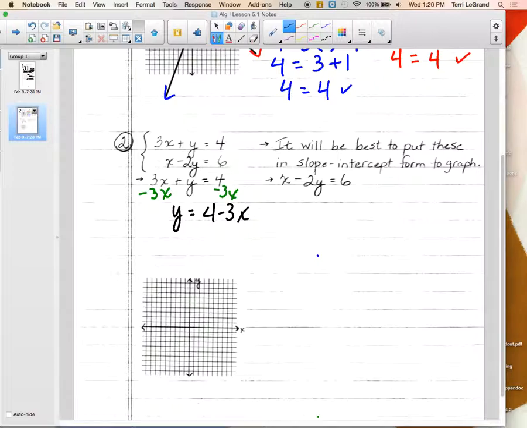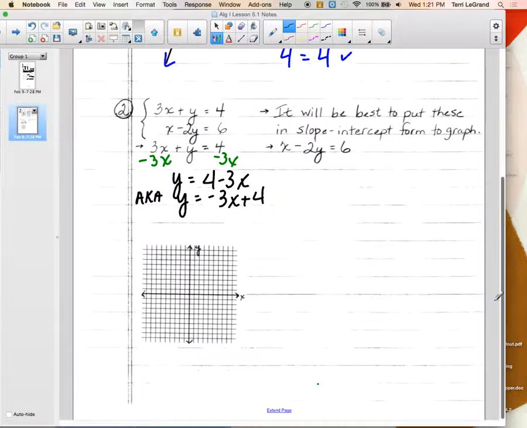Also known as y equals -3x plus 4, if you like it in the true mx plus b form. Okay, so what's its slope and y-intercept?